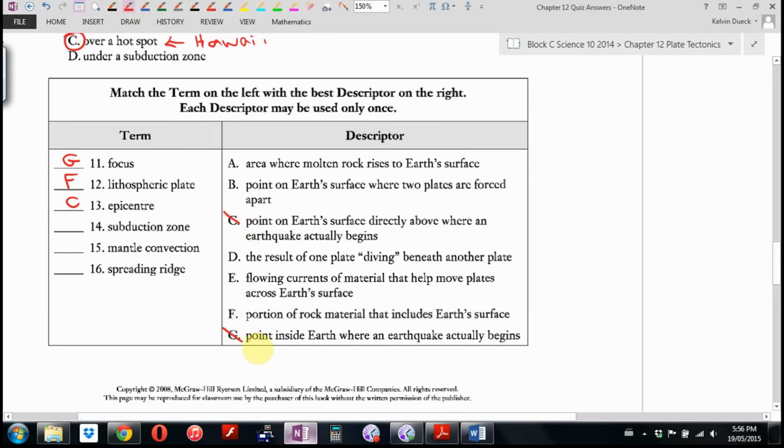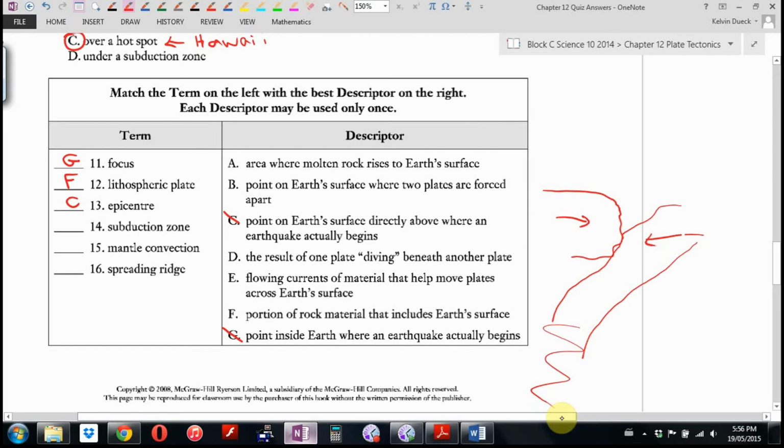A subduction zone. What the heck is a subduction zone? Sub, think like submarine. This is where you have one plate that's really, really heavy, and another plate as it bumps in is getting forced underneath like that. So this plate is moving this way, this plate is moving this way, and then this is slowly melting back into magma.